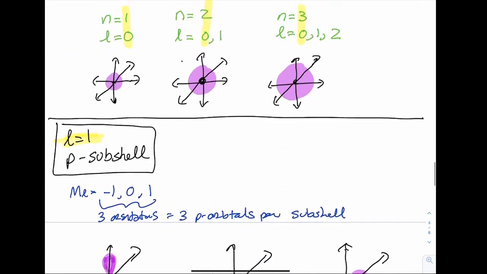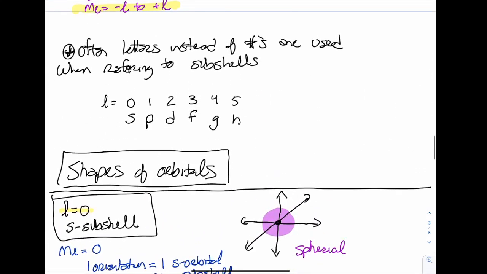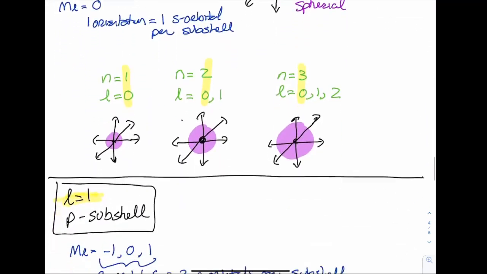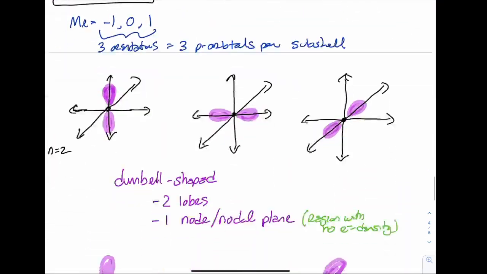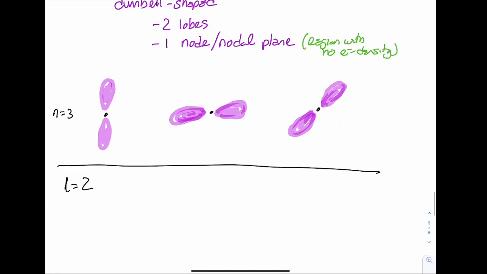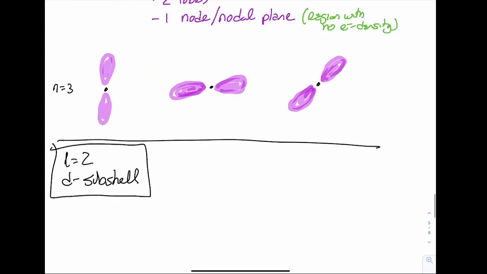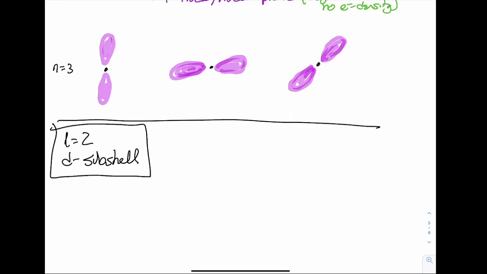And then if we go back up to our little comparison between our numbers and letters, when l is equal to 2, these are d. So these would be a d subshell. What are my values for m sub l when l is equal to 2?